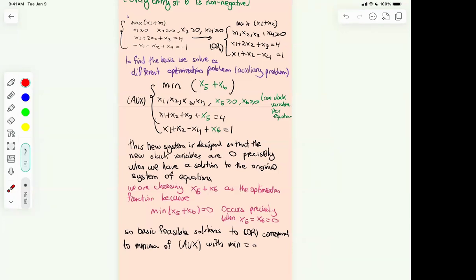So usually in practice, the simplex method is done as a two-step process.